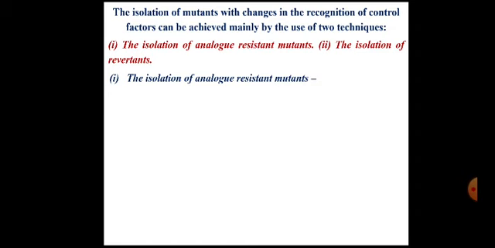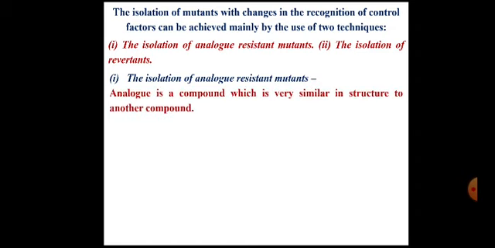Isolation of analog resistant mutants. Let us understand what this analog is. Analog means it is a compound which is very similar in structure to another compound. Another compound means a microbial metabolite. Say for example, microorganisms are producing lysine.